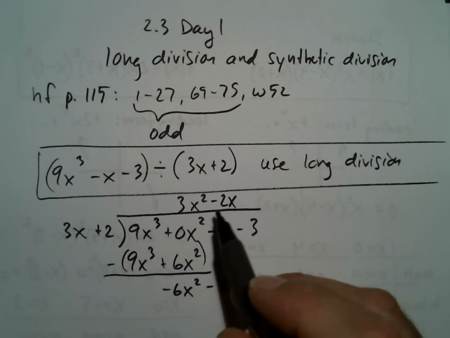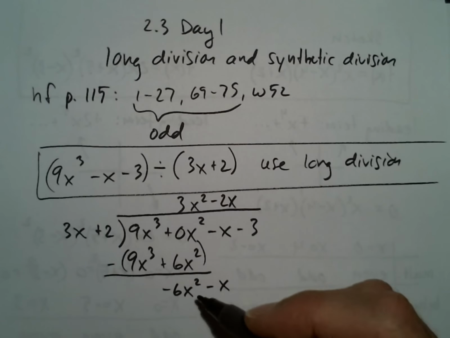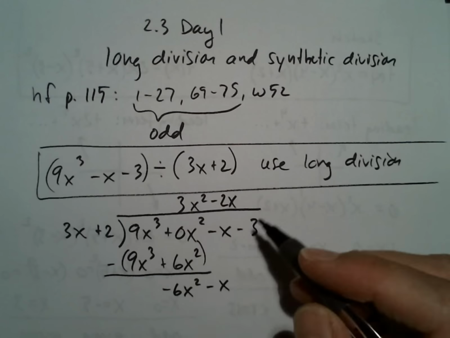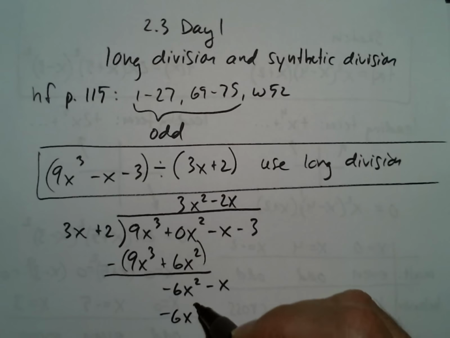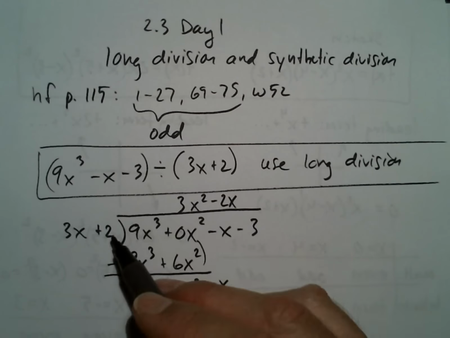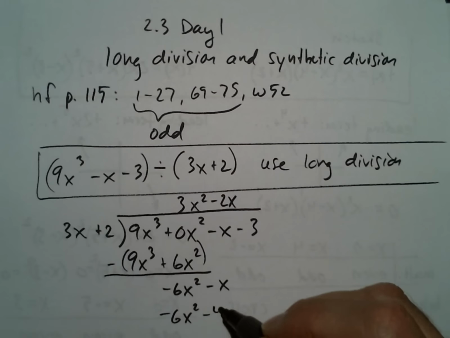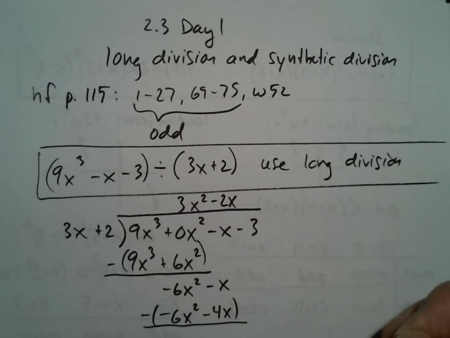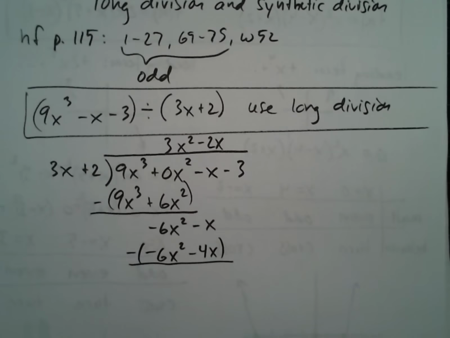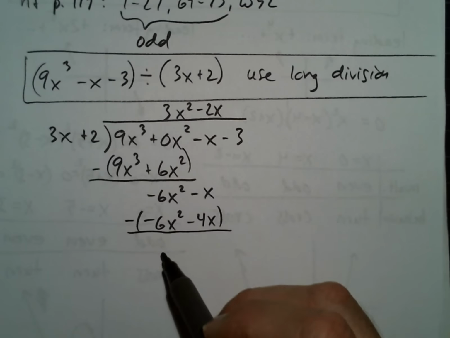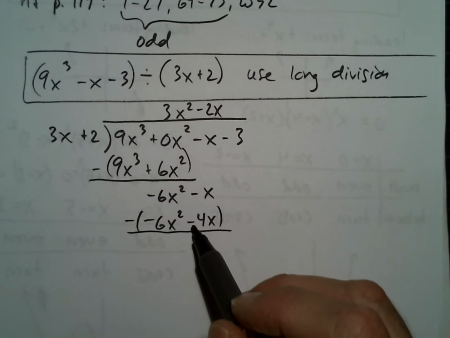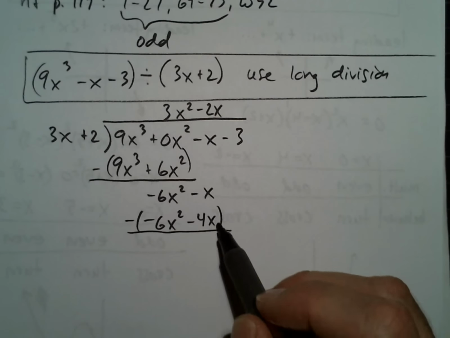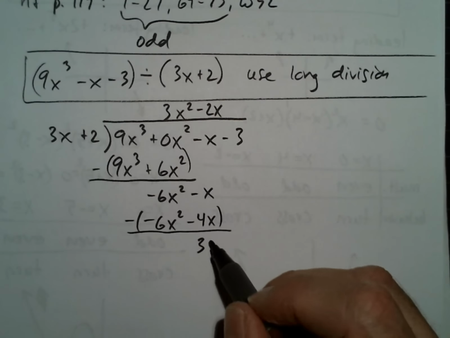Negative 2x times 3x is negative 6x squared. Negative 2x times 2 is negative 4x. Subtract. So that'll be 0. Negative, negative is positive, so it's 4x minus x.